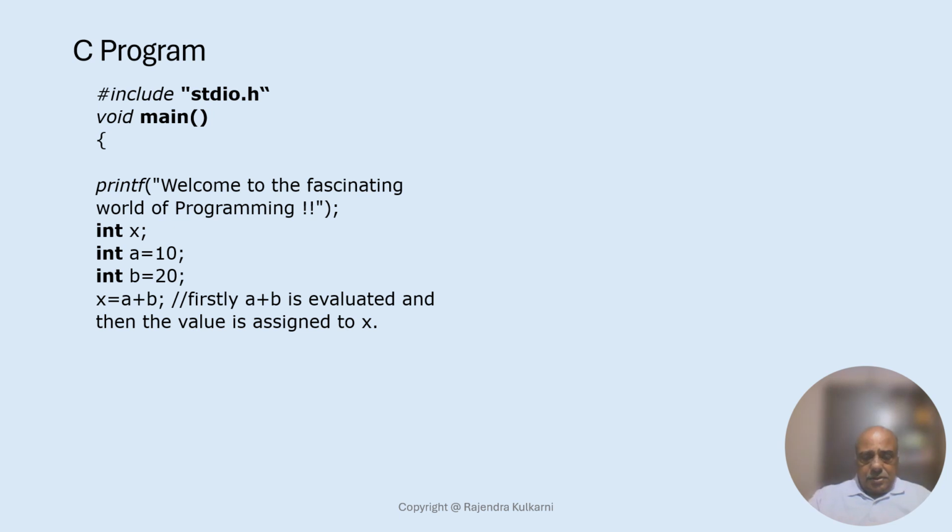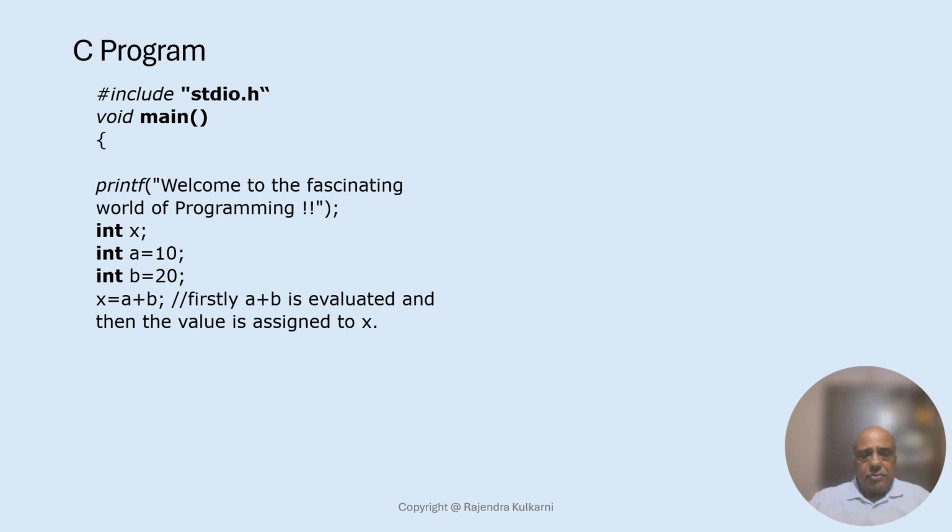Then comes the addition statement x = a + b. In this statement what we are trying to do is adding a and b and assigning the result of the addition to a variable x.